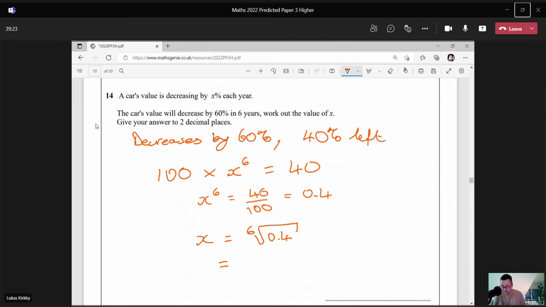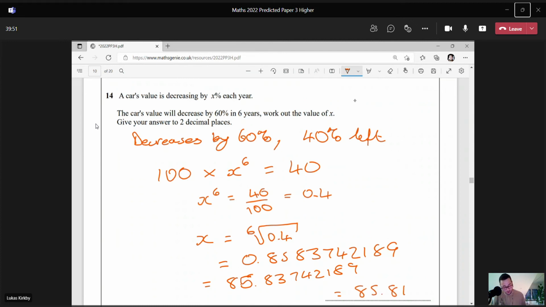So root, we want the 6th root of 0.4, and we're ending up with 0.8583742189. As a percentage, that is going to be 85.83742189, and we want it to 2 decimal places, so that's going to be 85.84%.